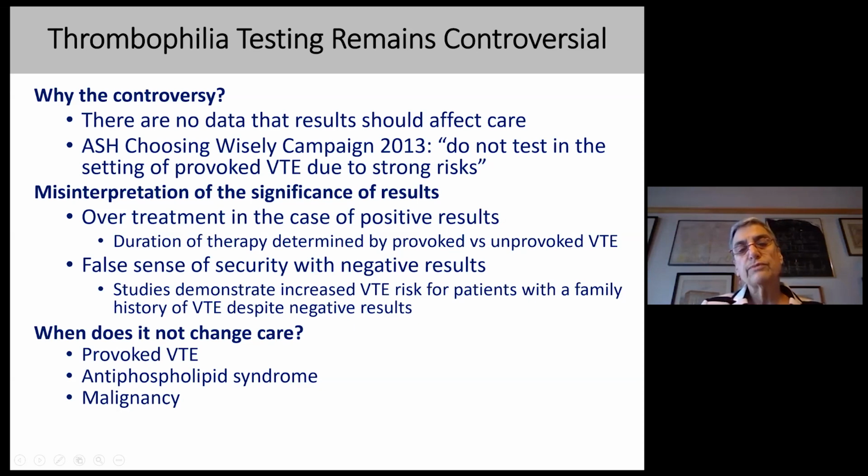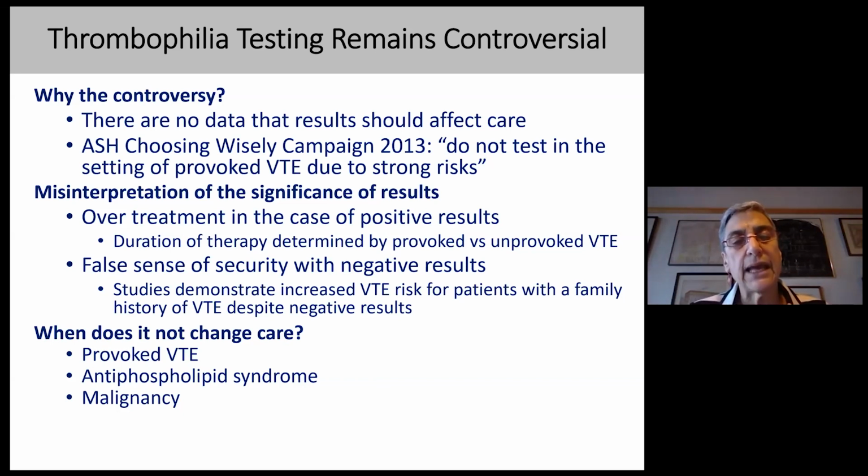Also, it's prone to misinterpretation. First of all, there are people with a hypercoagulable state who may have had a partially provoked VTE. Most commonly, for example, women with factor V Leiden who are found to have a venous thrombotic event in the setting of birth control pills or pregnancy do not require lifelong anticoagulation.